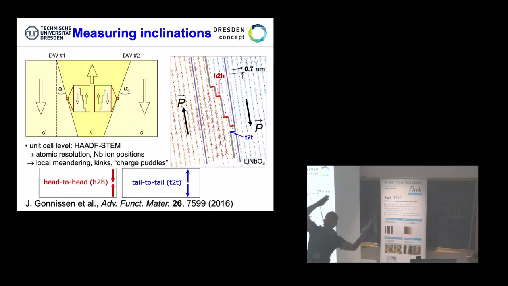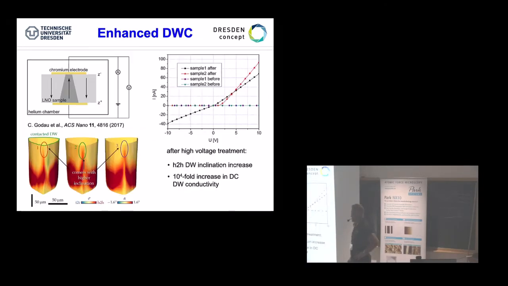So inclining the wall means simply that we have now more head-to-head fractions or more tail-to-tail, depending on whether we go alpha negative or alpha positive. So that's a very good point, that we were really lucky that Julia was doing this work. And in fact, this means now that we can explain this kind of domain wall conductivity that we have here, actually through the measurements from Christian and these very high currents that we were really measuring.